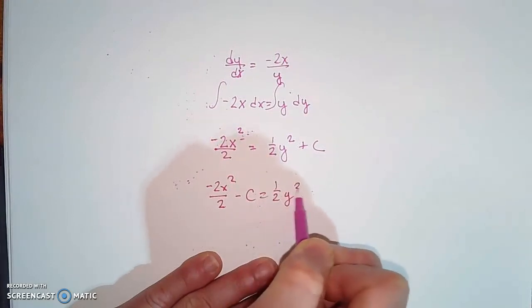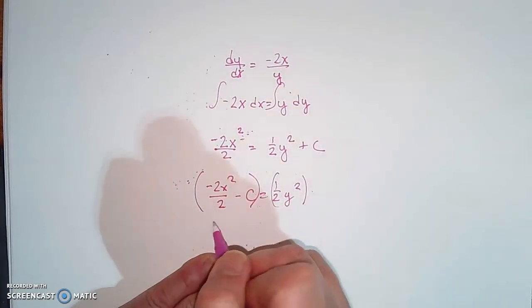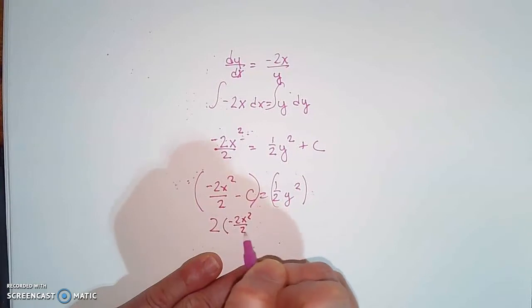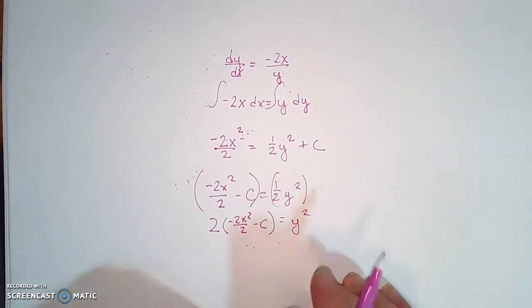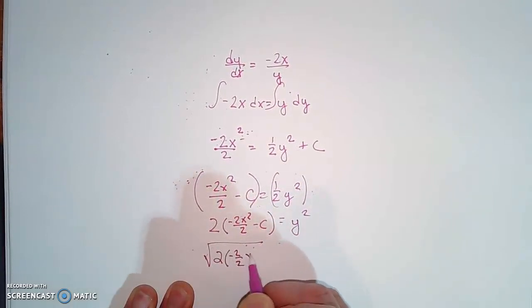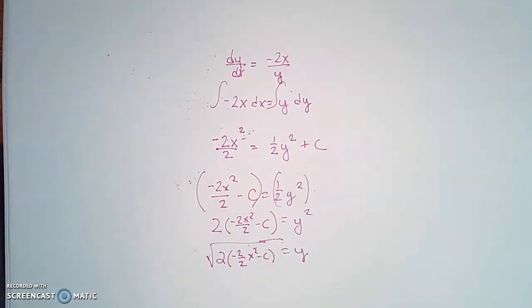Half y squared. Multiply both sides by 2. And I get negative 2x squared over 2 minus c equals y squared. And then we get y by itself by square rooting both sides. So that solution is solved.